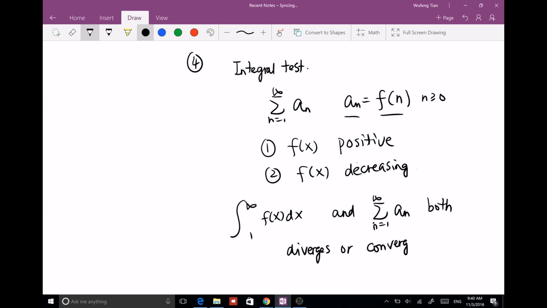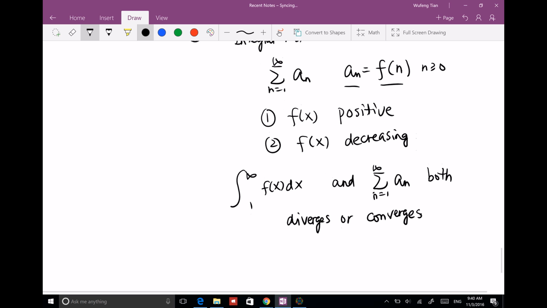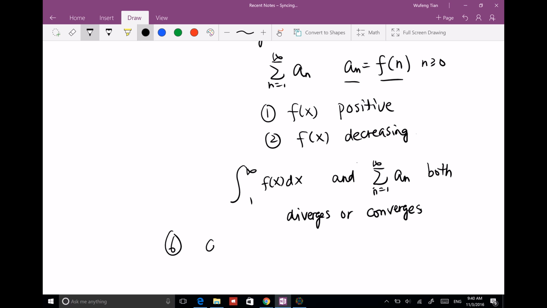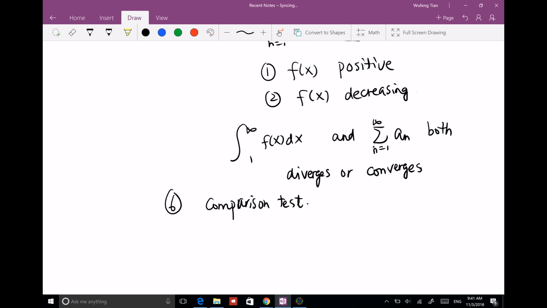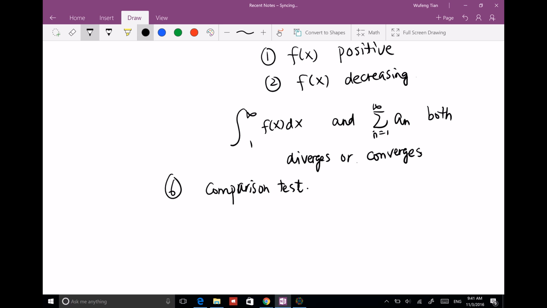Okay, so next one, we did the comparison test. Okay, Jasper, could you please tell me what the comparison test says? Okay, so if you have one series and you compare it to another series, and the first series is smaller than the second series, then if the second series converges, the first series converges.